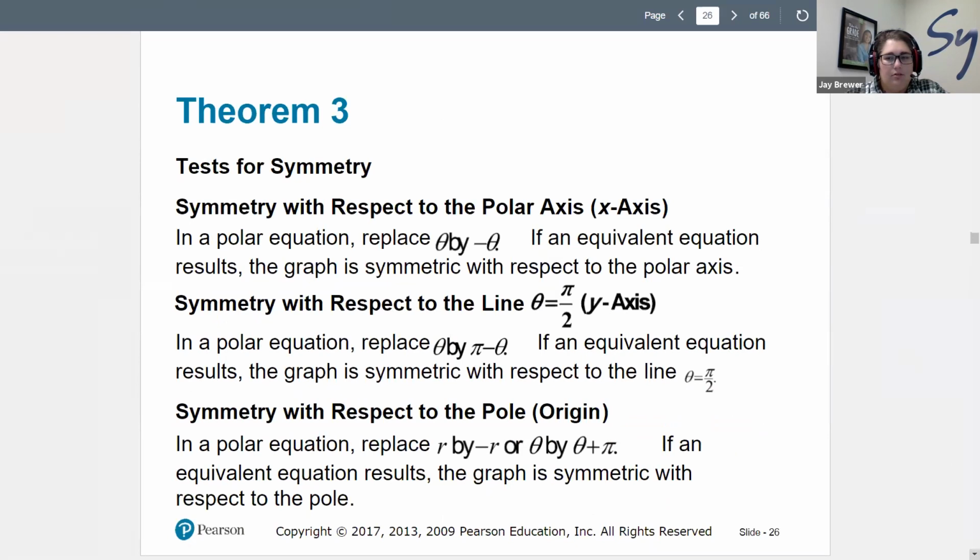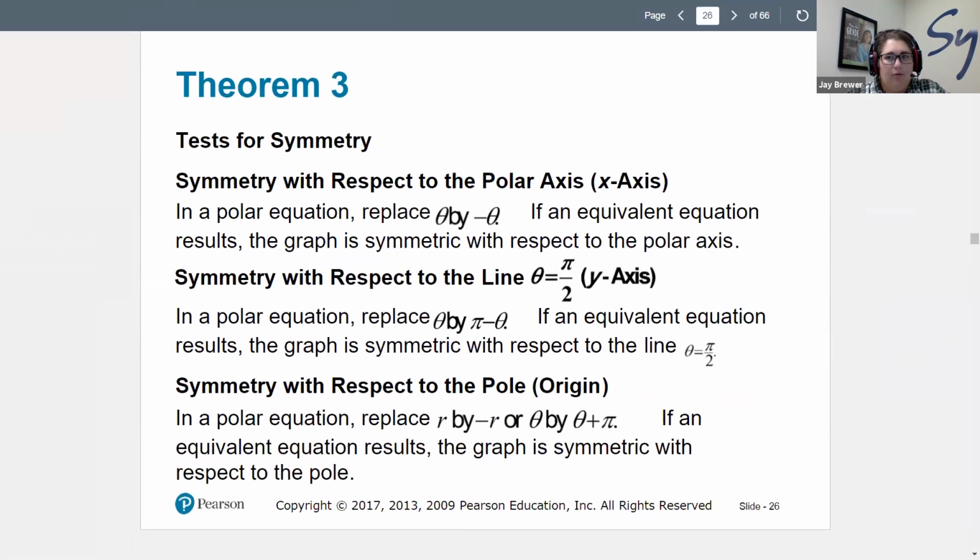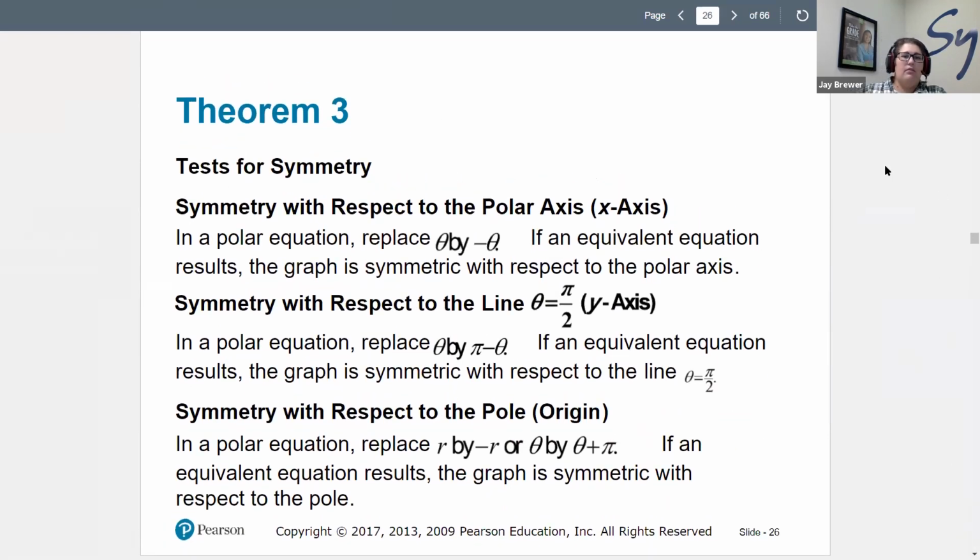So there is your theorem in written word. To test for symmetry with respect to the polar axis or the x-axis in a polar equation, replace theta by negative theta. If an equivalent equation results, then the graph is symmetric with respect to the polar axis.